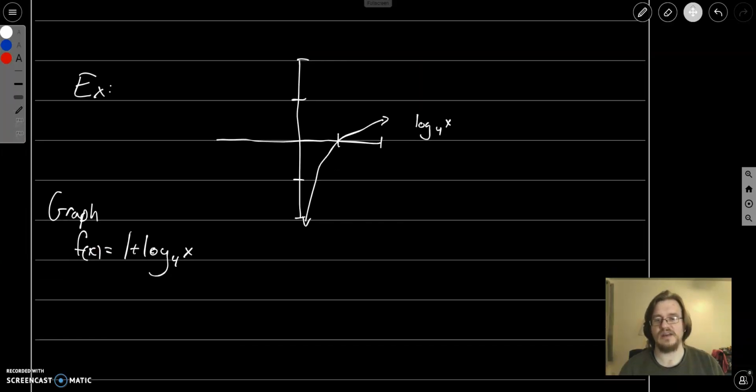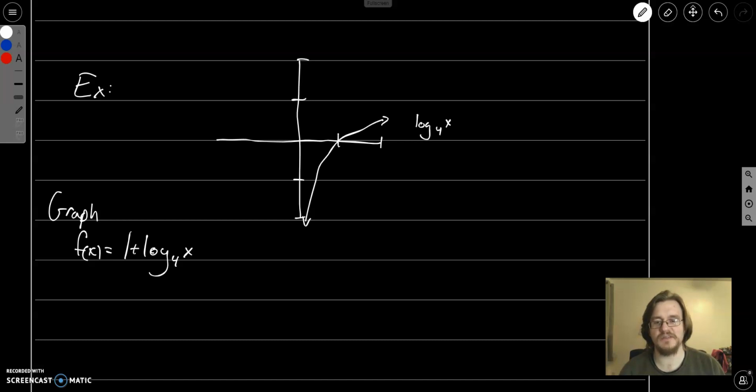Now that we know what the logarithm function looks like, we can translate it a little bit and transform it. So here I've graphed the log of x base 4. So what happens if we add 1 to a function? Well, we shift the graph up 1. That's all there is to it.